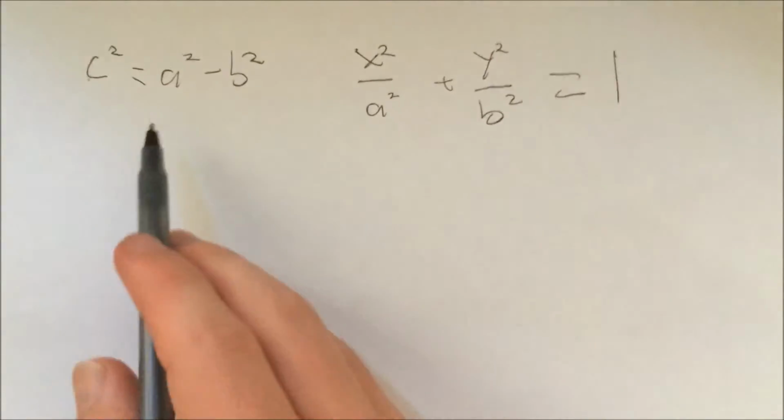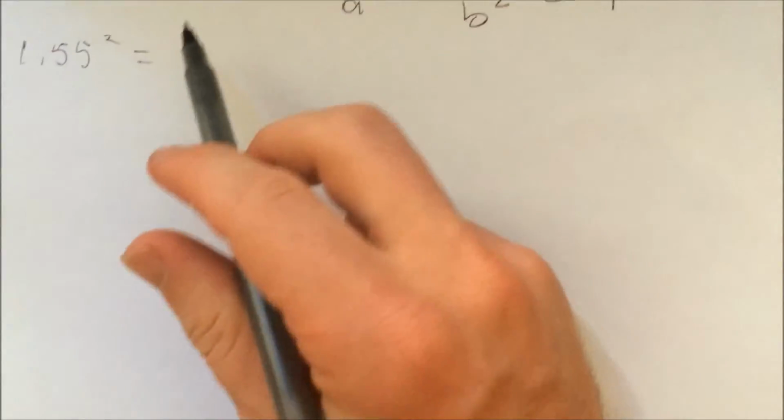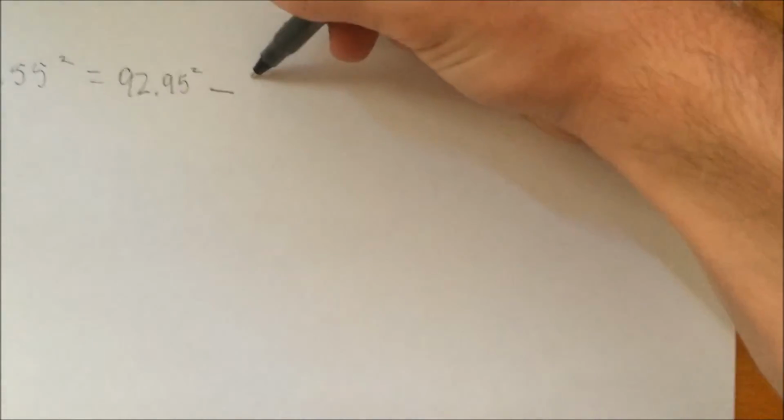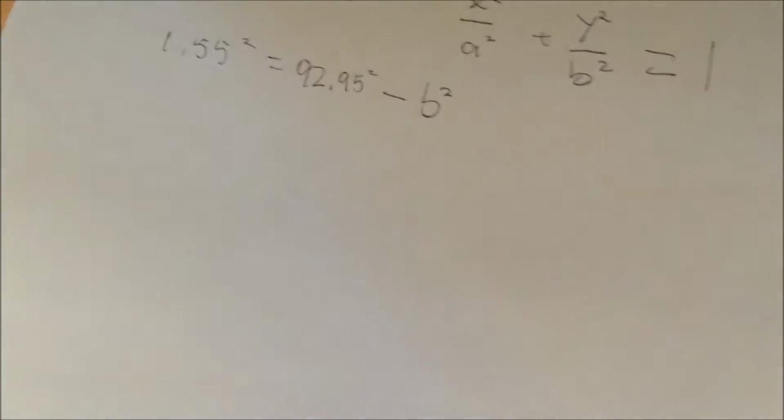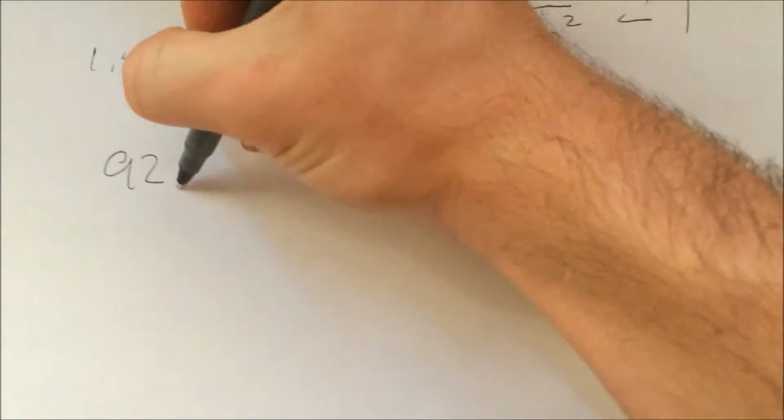So, we start by plugging in our C value. 1.55 squared equals, and then we plug in our A value, 92.95 squared, minus our variable B squared. We solve this, and we find that B equals 92.94.